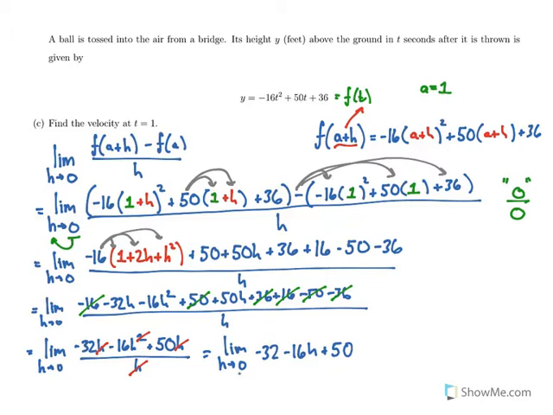And now, when I plug in 0 for h, there's no issue here. I have negative 32 minus 16 times 0 plus 50, which is just going to be negative 32 plus 50, which is 18 feet per second.